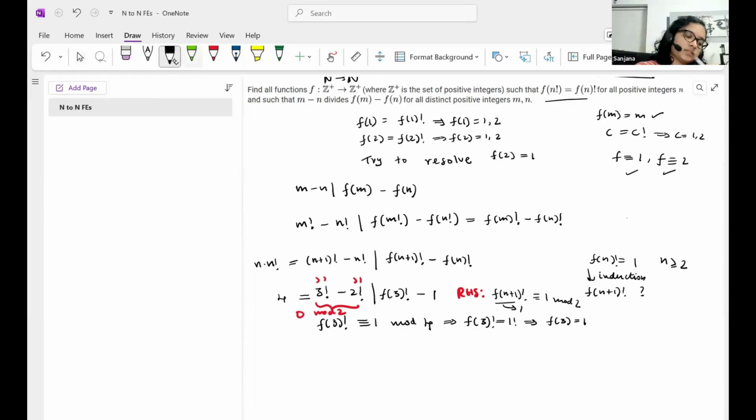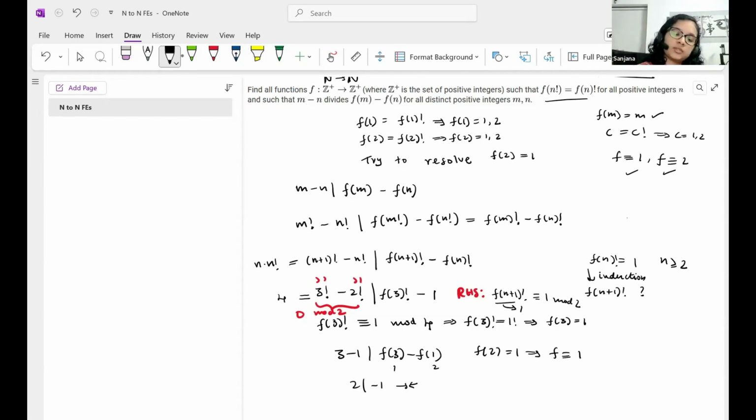And that is one solution. And I think in that case, f of 1 has to be 1. Yes, because otherwise you can have 3 minus 1 divides f of 3 minus f of 1. But if f of 1 is 2 and this is 1, then 2 divides minus 1. That's a contradiction. So if f of 2 is 1, then f is just constant.